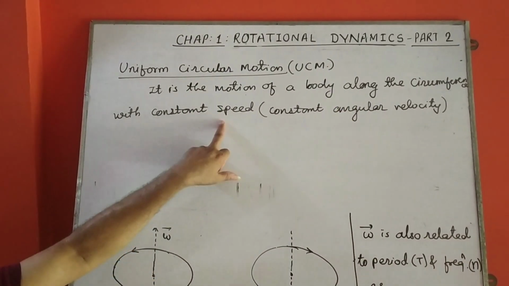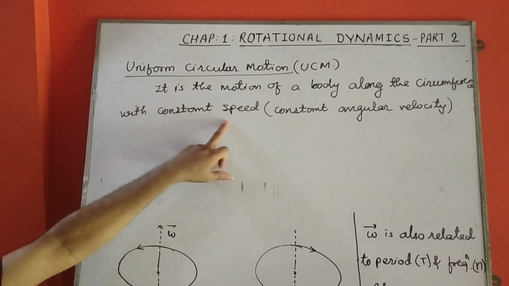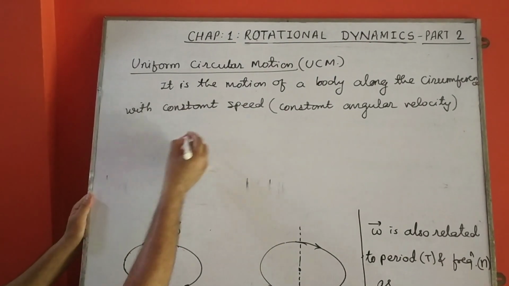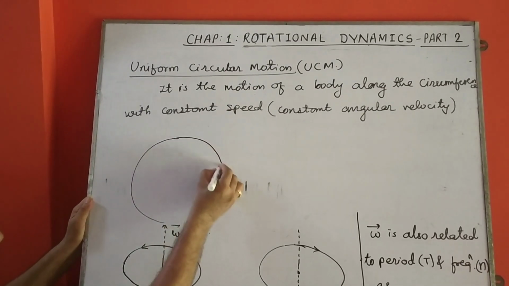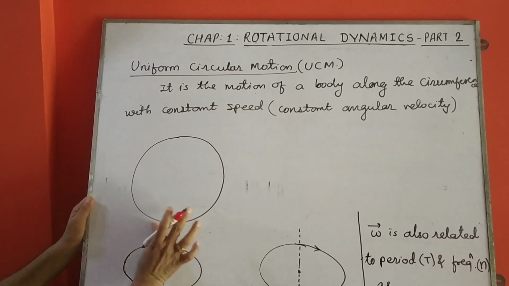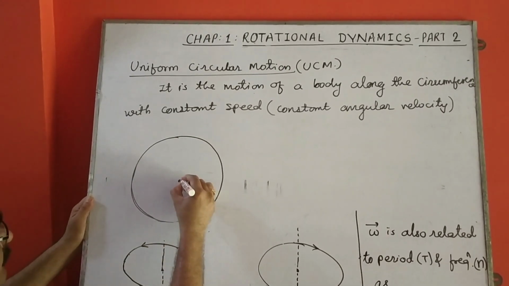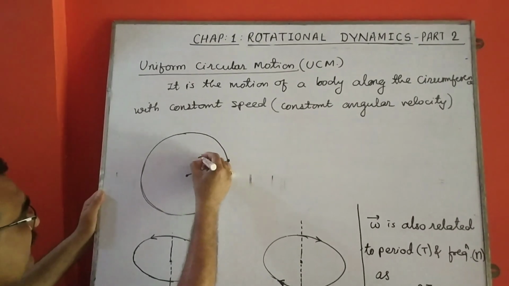Constant speed means the direction of linear velocity changes, but its magnitude remains constant, and this linear velocity is directed along the tangent. So we can show this with a circle. Suppose here is a body, with position vector r.